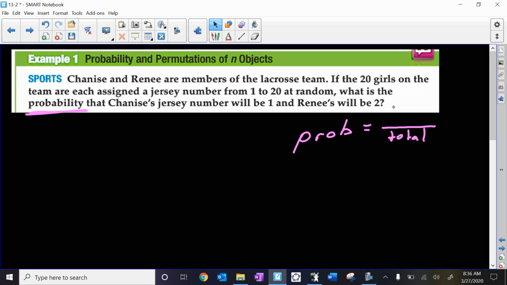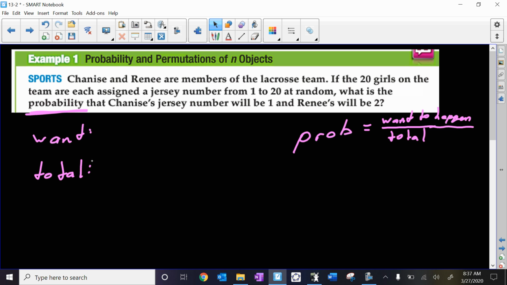On the top, this is kind of harder to represent, but this is what I want to happen. So I need to find two numbers: the total possible outcomes, and what I want to happen. I'll put want, and I will put total in here.